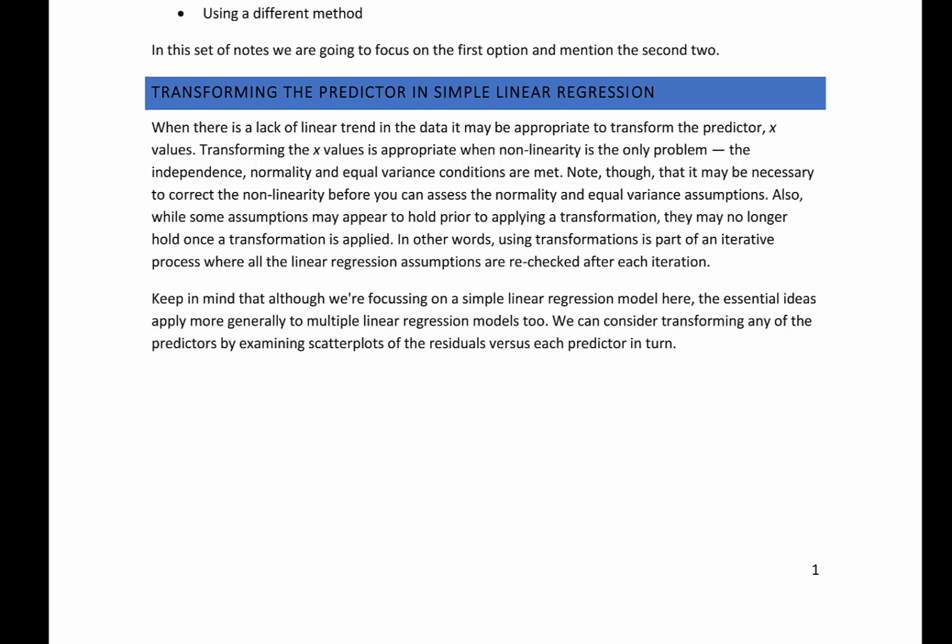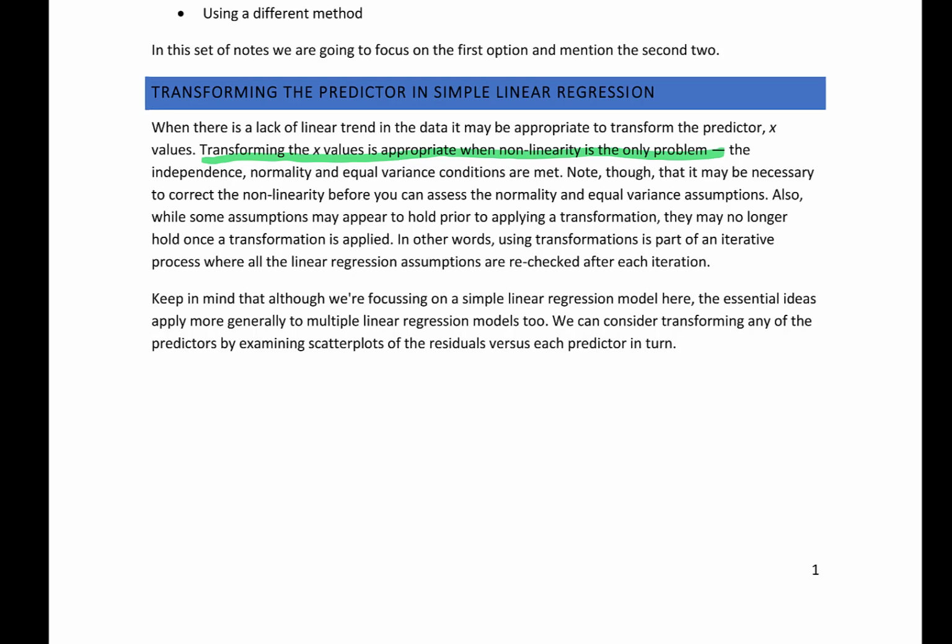When there's a lack of linear trend in the data, it may be appropriate to transform the predictor. I want to highlight here that transforming the x values, those predictor values, is appropriate when non-linearity is the problem. The type of transformation you perform is going to depend on the type of problem.